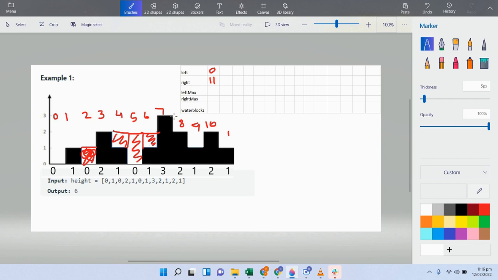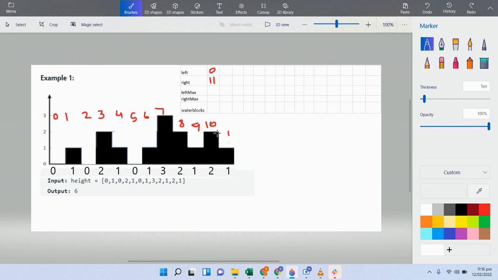And then one block of water will come at this place, and no block of water can come at this place because there is no right boundary, right? So let's see how many blocks of water we can store. This is 1, 2, this is 3 and 4, 5, and 6 blocks of water. So the total volume of water that can be stored is 6, right?